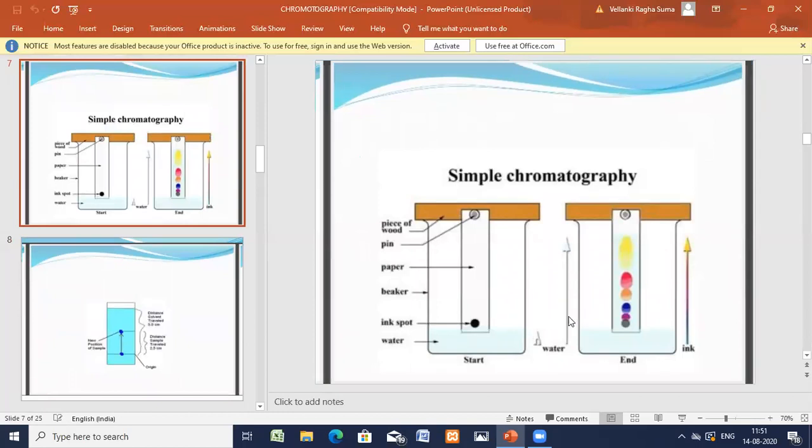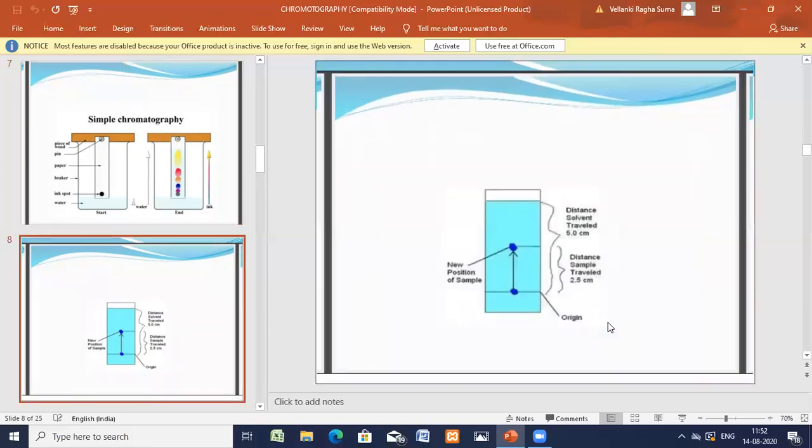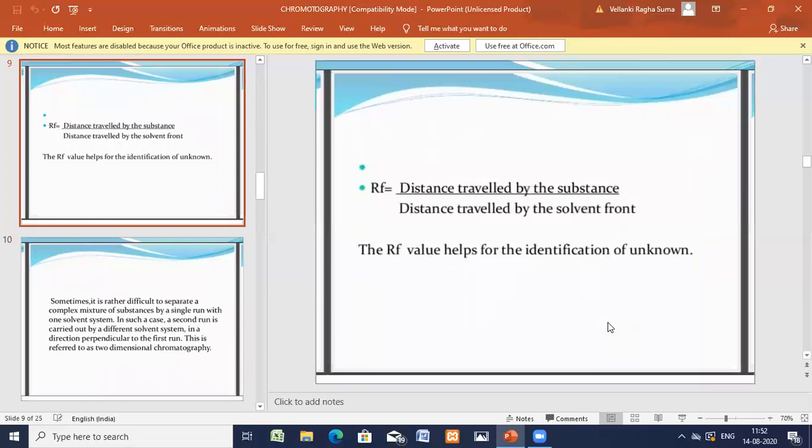Using the staining reaction, the components of the experimental mixture get separated on the paper at different positions, which are visualized using a suitable staining reaction. The ratio of the distance traveled by the band to that of the solvent.